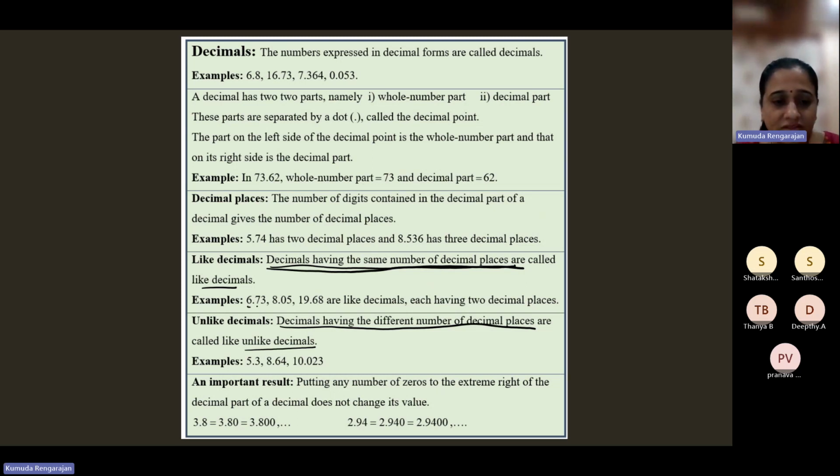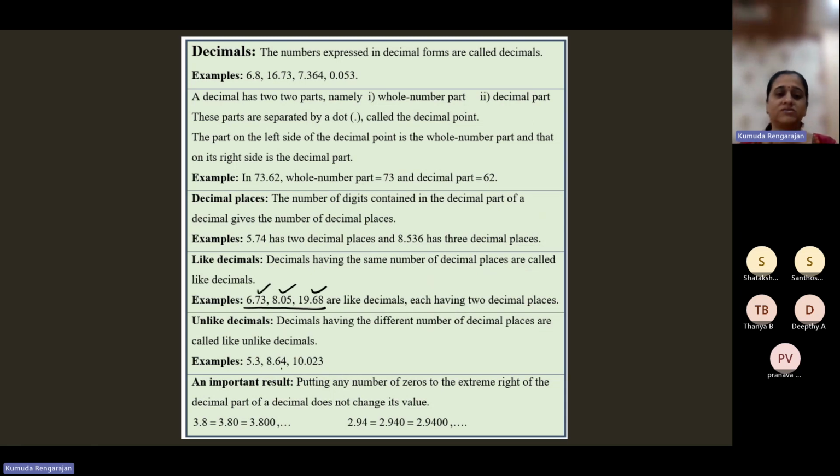So in these examples, you can see after the decimal point, 2 digits, in all 3 decimal numbers. So these decimal numbers have 2 decimal places. So they are called like decimals, like fractions.